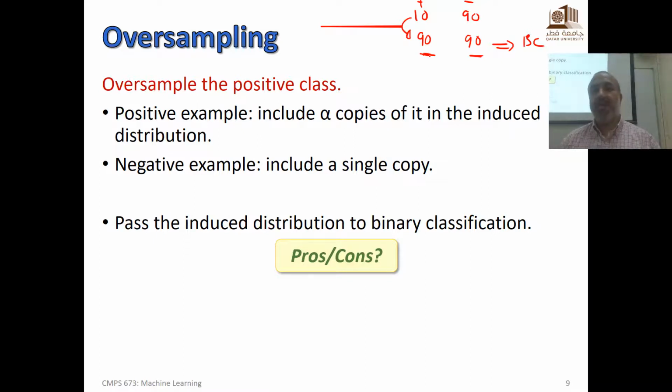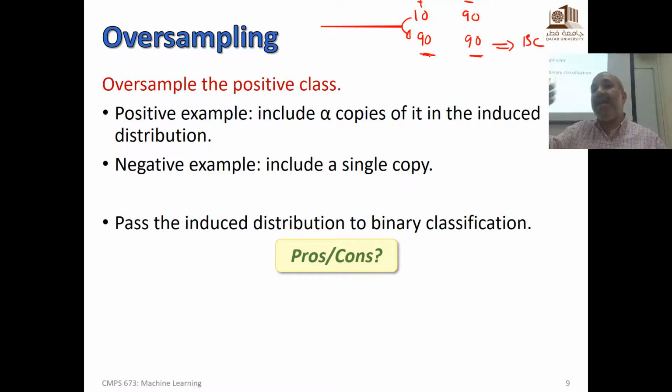Now, the idea here is that we want to emphasize the importance of every positive example, right? So let's take Perceptron as an example. Perceptron goes through the examples and tries to predict the label for each example. If it's mispredicted it will update, and then pass on it again.